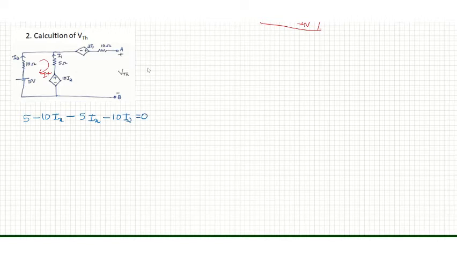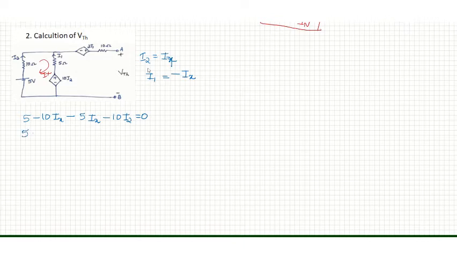From this diagram, it is clear that I2 equals IX and I1 equals minus IX. I1 flows in upward direction and the loop current IX in downward direction. So we can write I1 equal to minus IX.